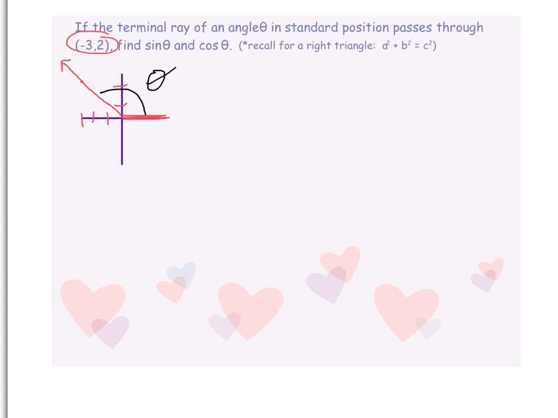It's still based on x, y, and r. Sine is y over r and cosine is x over r. That doesn't change even though the angle is bigger than 90 degrees.